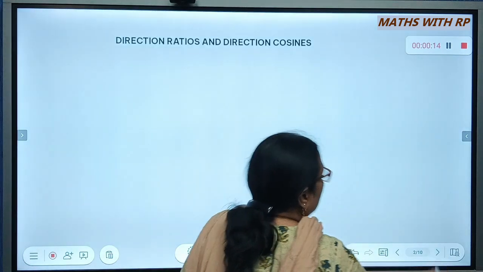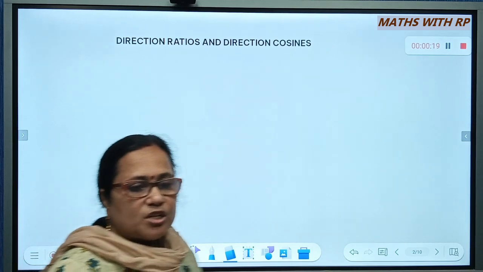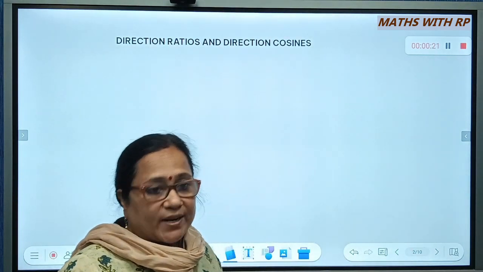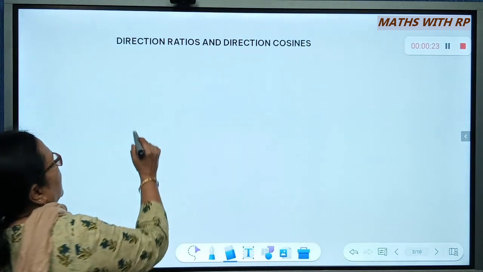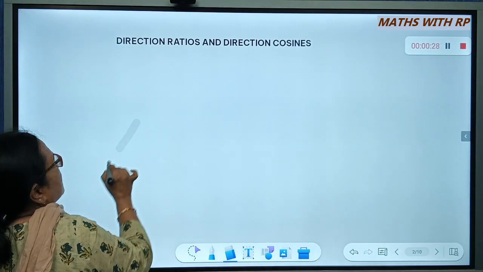Today we are going to learn about direction ratios and direction cosines in the topic on vectors. Let me consider three mutually perpendicular axes.